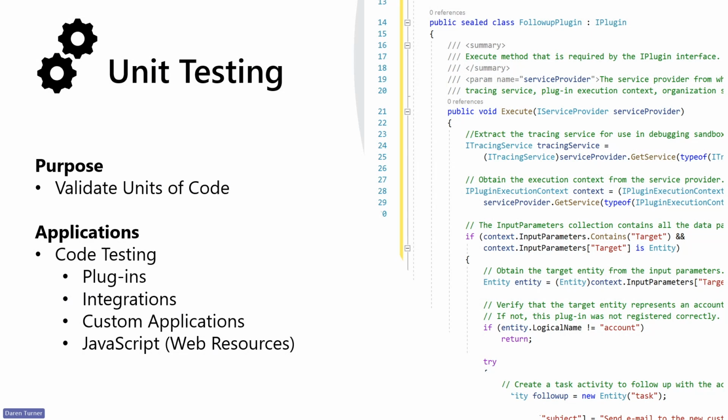So if we do experience any regressions or bugs in our custom code, we can build that into our unit tests and coverage so that, moving forward, we can capture those scenarios and make sure it doesn't happen again. So with things like plugins, integrations, or any custom apps that you build for Dynamics, this is definitely an area you want to cover and have good coverage of unit testing.